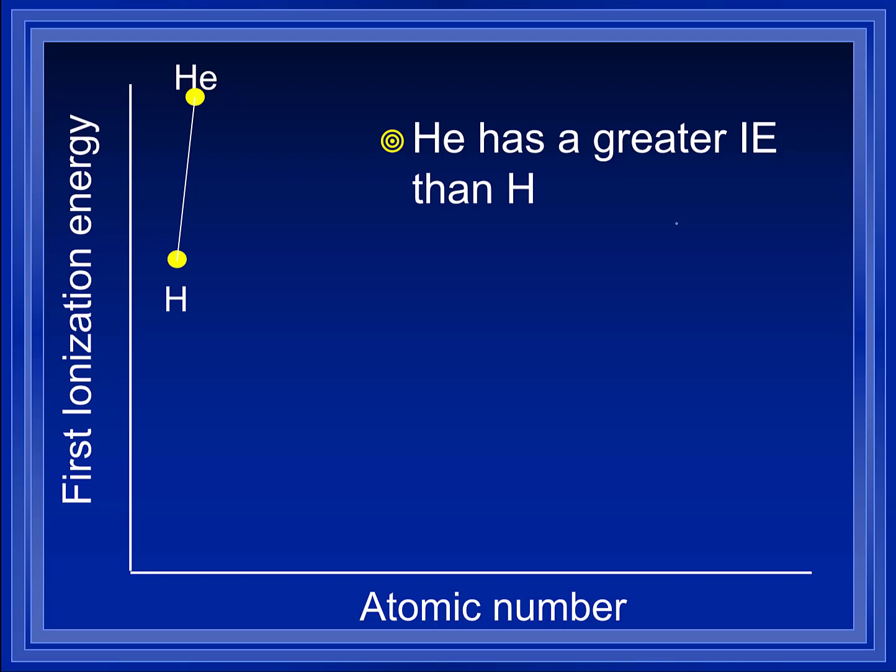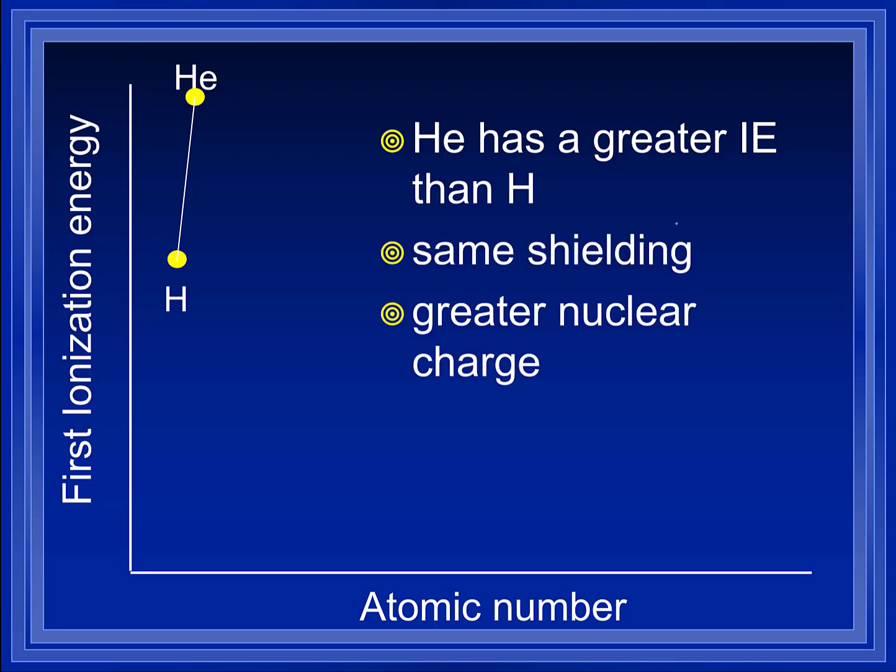So, here's the graph. You guys didn't do hydrogen and helium. Why would helium have a greater ionization energy than hydrogen? It has no shielding, just like hydrogen, but twice the charge. So that means it's harder to remove that electron.